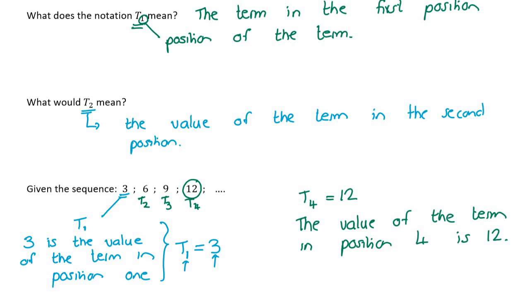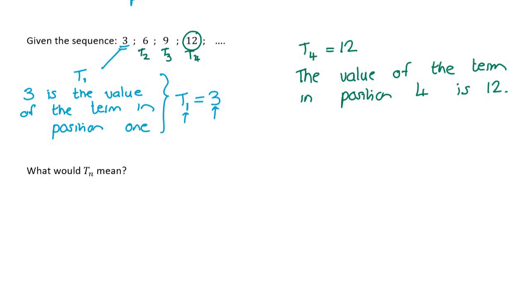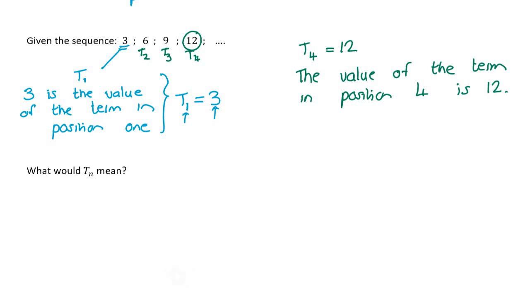So the last thing we need to know before we launch into linear patterns is, what does Tn mean? Now, given what I've said in the previous statement, Tn actually would mean the value of the term in the nth position. Now, you don't know what n is because they've left it as a placeholder here.